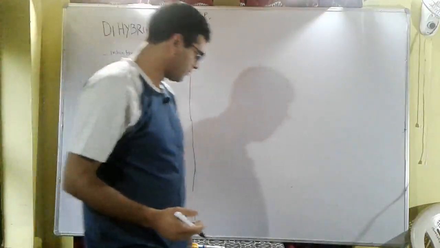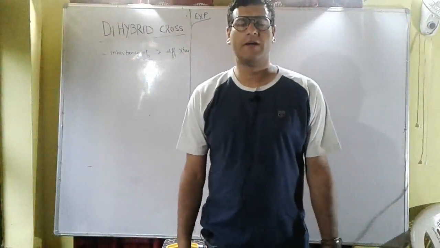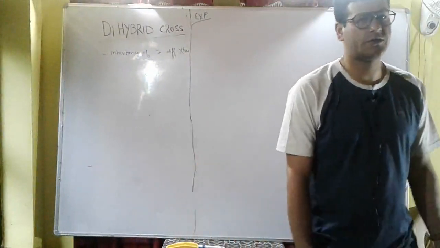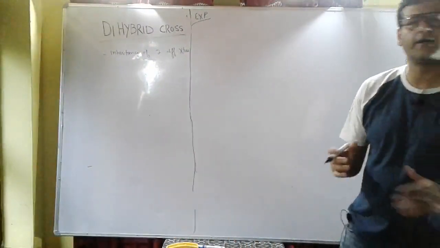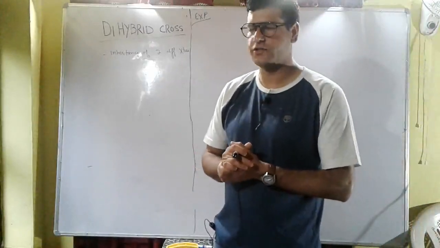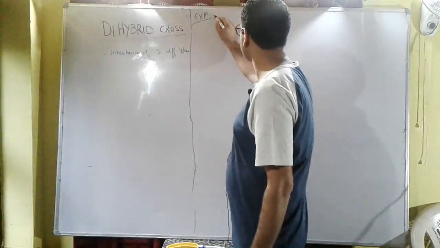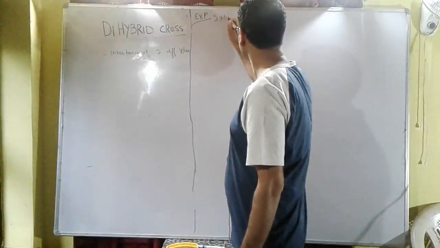I told you that dihybrid cross is that cross which deals with the inheritance of two different characteristics or two different traits. So for a dihybrid cross we need two traits, two characters.